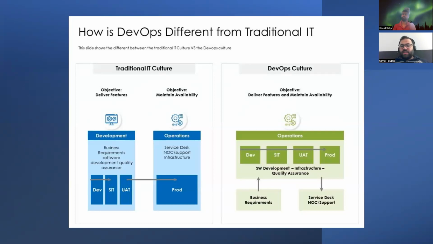But nowadays, when this DevOps culture came into the picture, DevOps made every environment in sync and integrated with each other, and now it is easy to deploy our code to multiple environments.